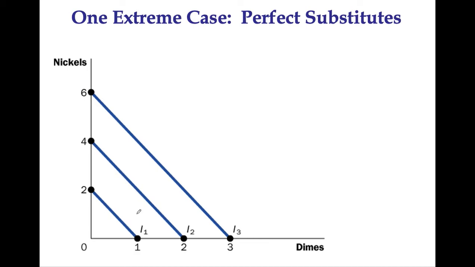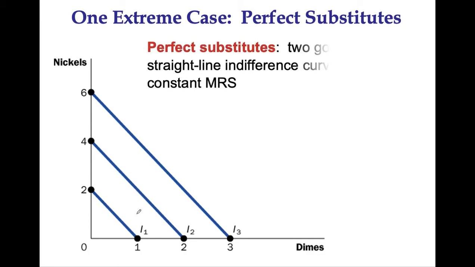Here, with the slides, we talk about extreme cases and forms of indifference curves. Some combinations of products can have straight line indifference curves, and when we have straight line indifference curves, we say that the goods in this plan are perfect substitutes.